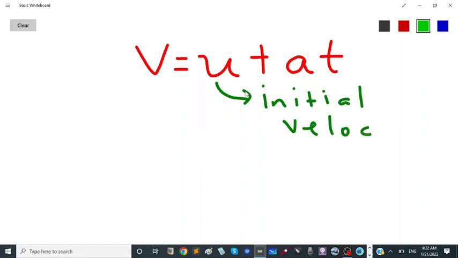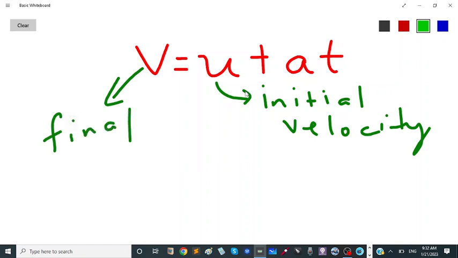So the final velocity is equal to the initial velocity plus at.